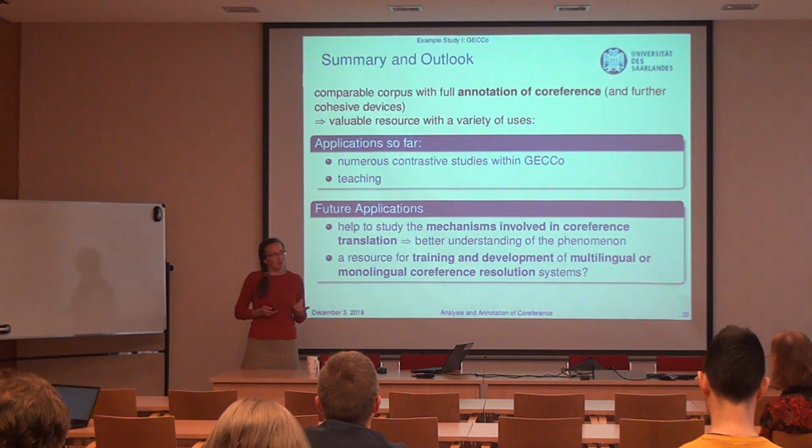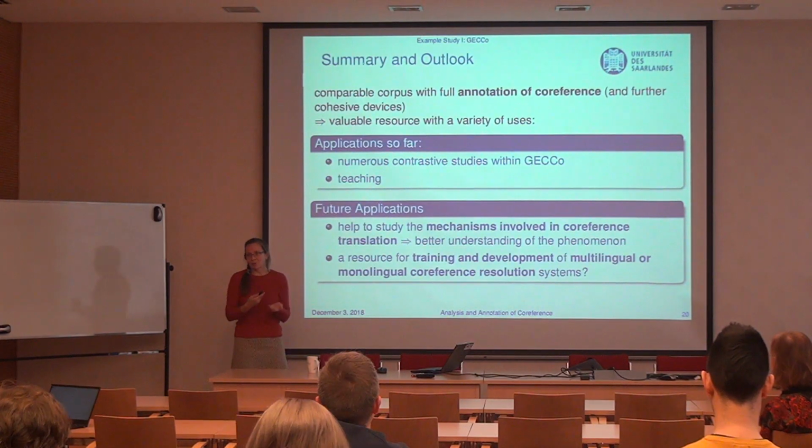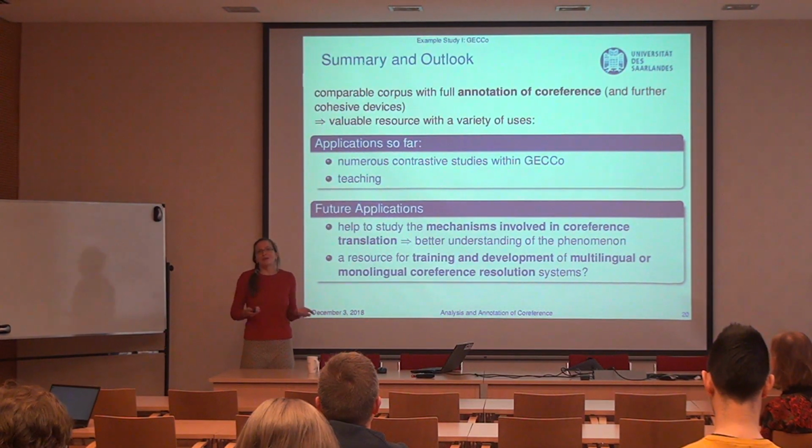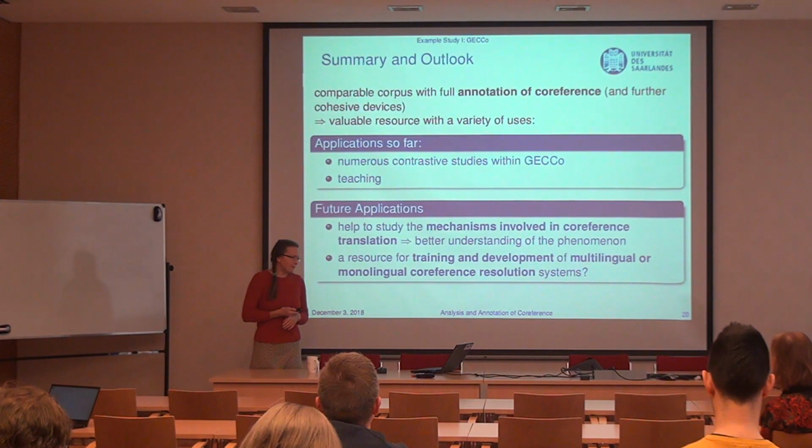So we took those texts, but later we realized that we have some limitations. For example, if we would like to train some systems, we cannot share them later, and that is not possible nowadays because nobody can reproduce the results that you present. But it's okay for contrastive and translation studies.